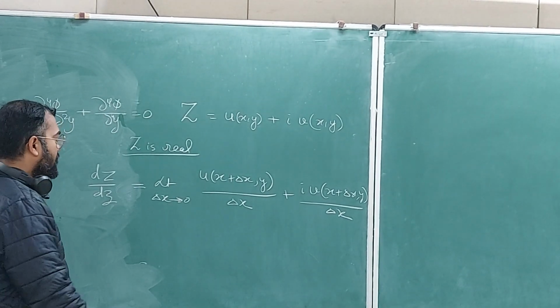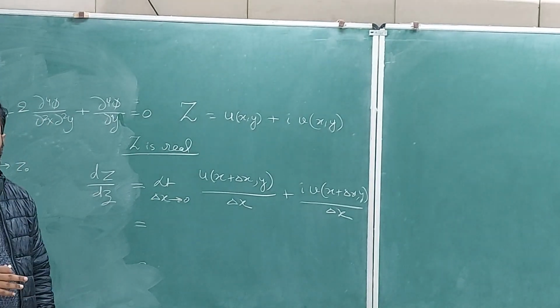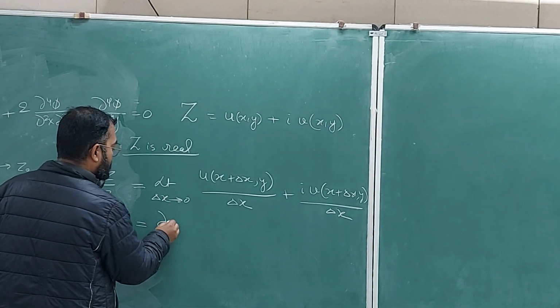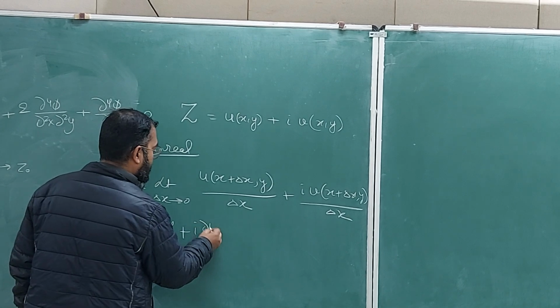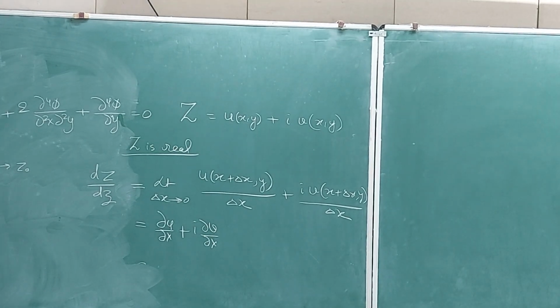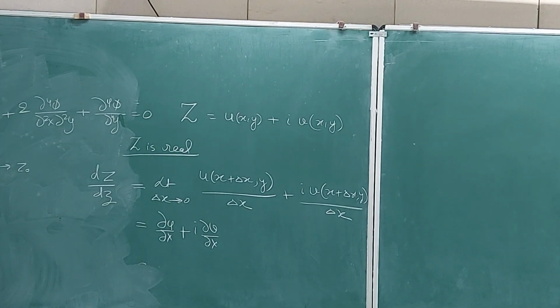Okay. So this, because delta x is tending to 0, is simply del u by del x plus i del v by del x. Okay. Right? This is happening because z is real.